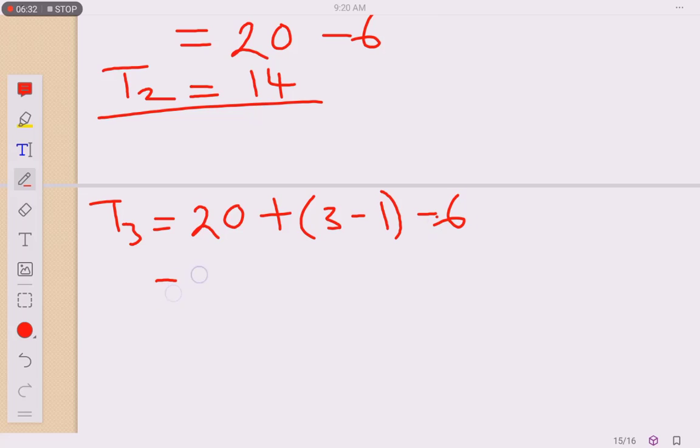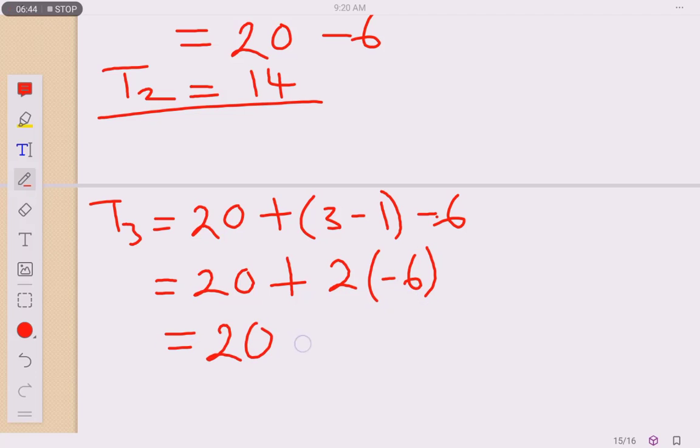So we have 20 plus, sorry, this is 2 there. 2 by minus 6. Okay, so I'll have 20 minus 12. So I'll have an 8 here.